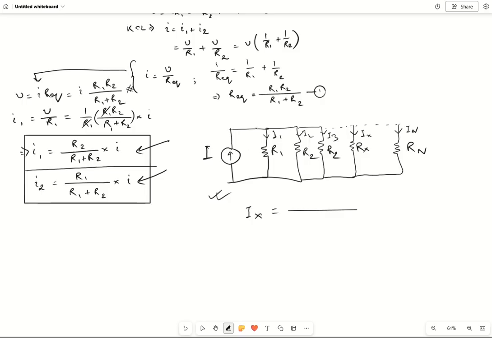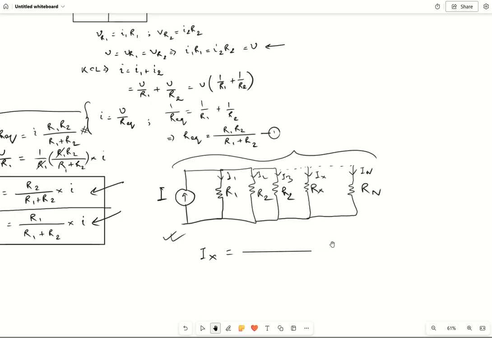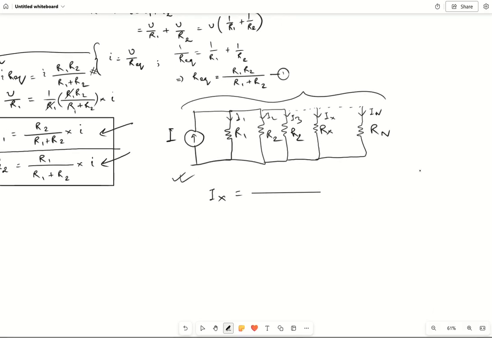So if I have to convert this whole circuit into a simpler circuit like this, then what can we consider here? It can be considered like this. So this is I and this is my suppose Rx, and this is suppose another resistor RT. So what is RT here?